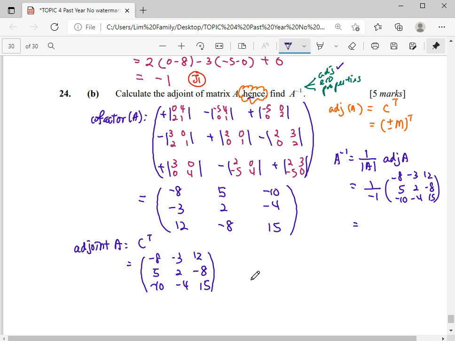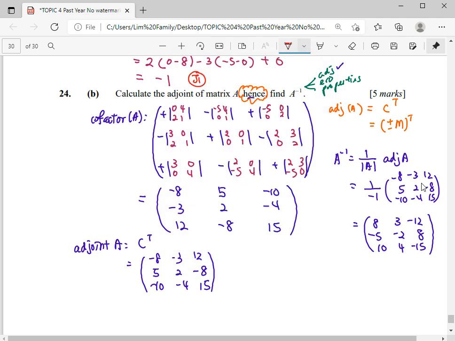And then we multiply in our negative 1 here to find our A inverse. So this is how we do our part B.